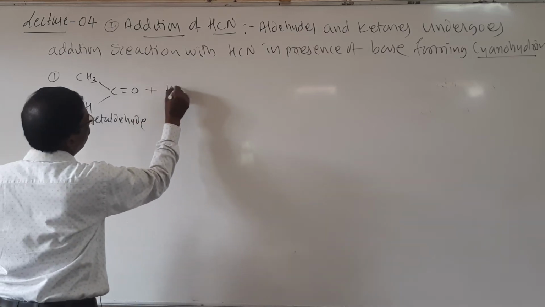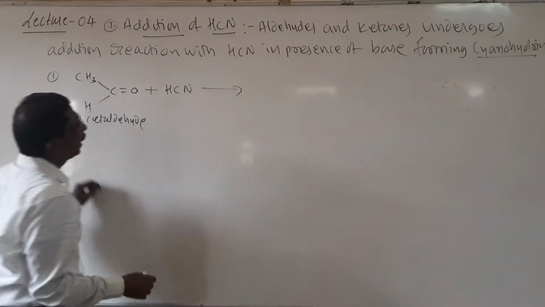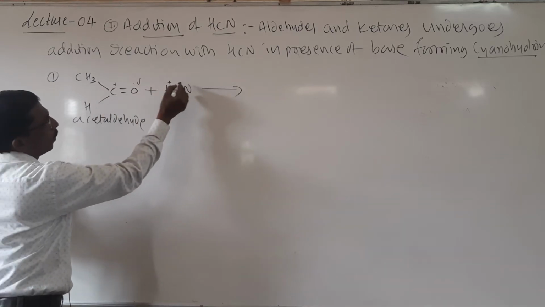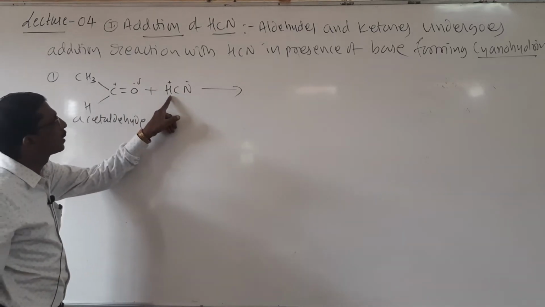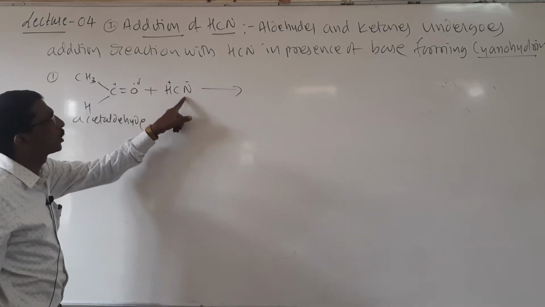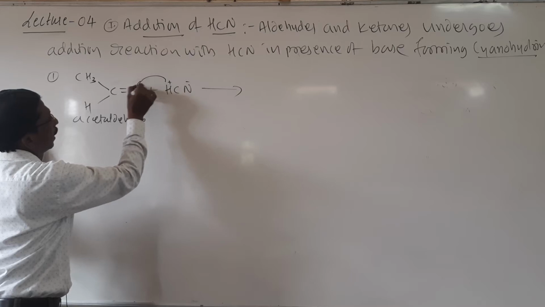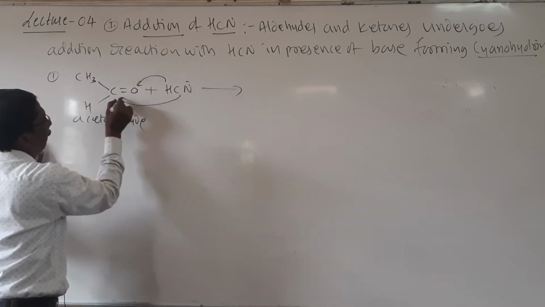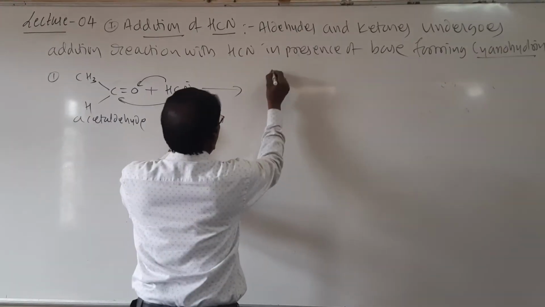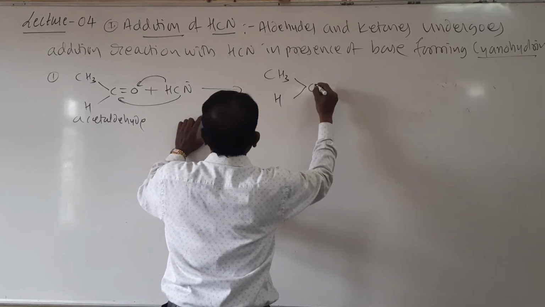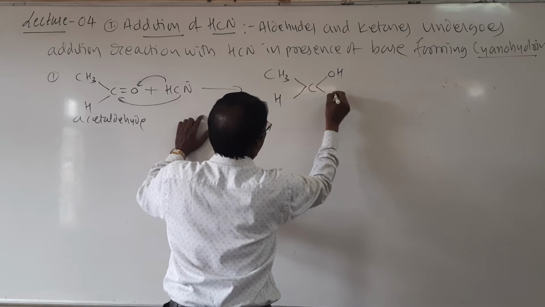When hydrogen cyanide is added, look here, here it is positive, it is negative, and here it is positive and negative. So this electrophile attacks here and this nucleophile attacks here. So then it forms the product CH3 CH(OH)CN.